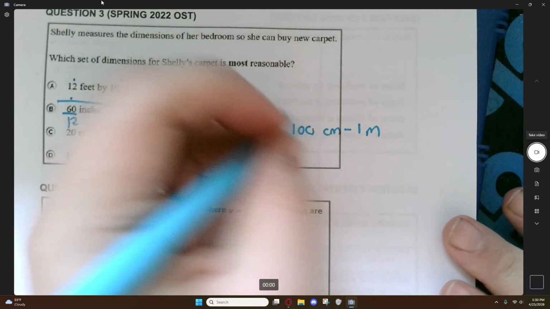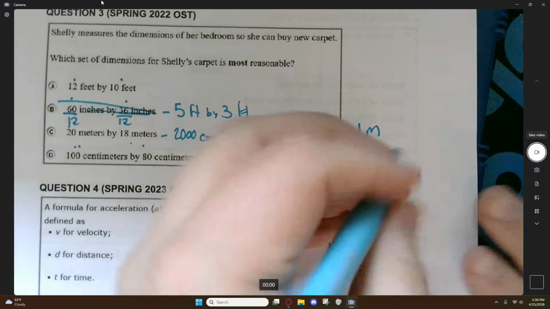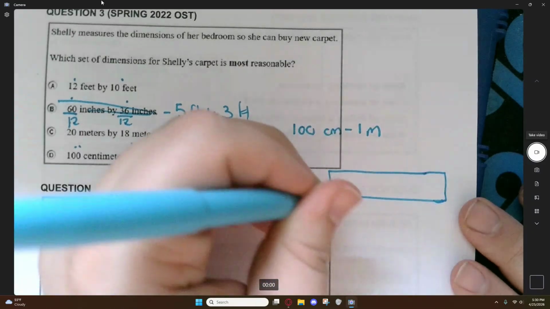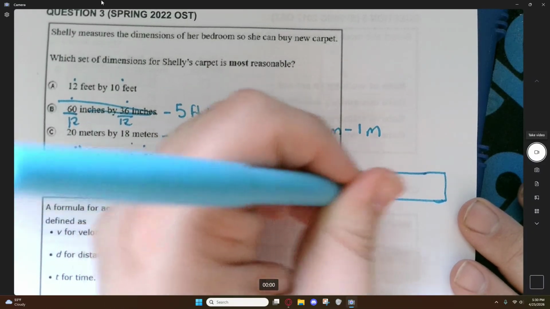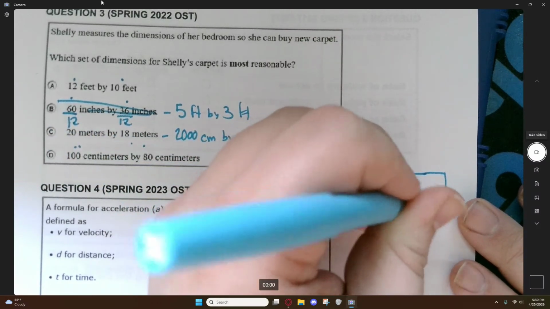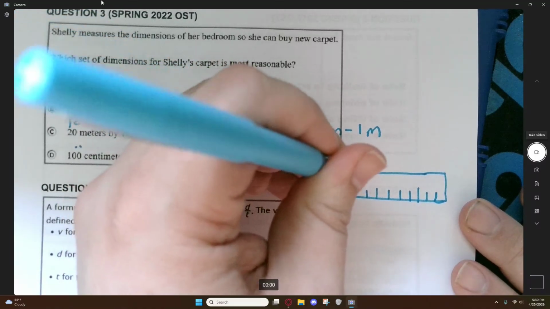But let's consider a standard ruler, right? You think about a standard ruler. The ruler has the inches side, and it has a centimeter side.